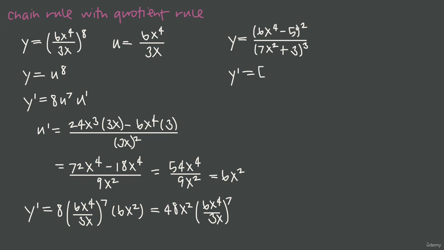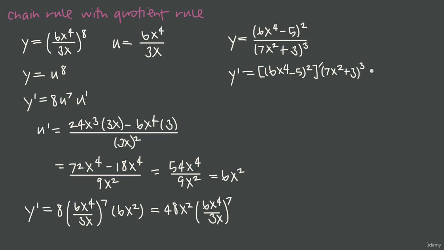So when we say the derivative of the numerator, let's just go ahead and leave that as 6x to the 4 minus 5 raised to the power of 2. And we'll just put this little prime symbol right here to indicate that we need to take the derivative of this. So that's the derivative of our numerator. We multiply by the denominator, so 7x squared plus 3 to the power of 3.